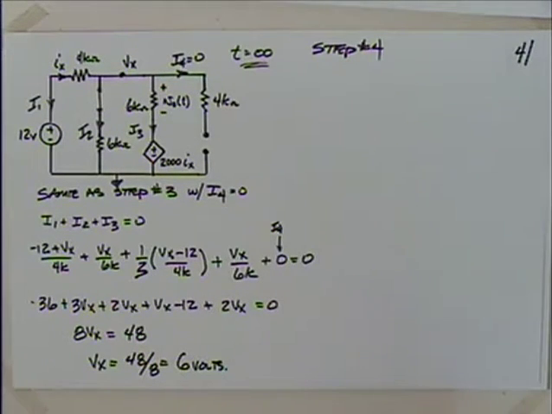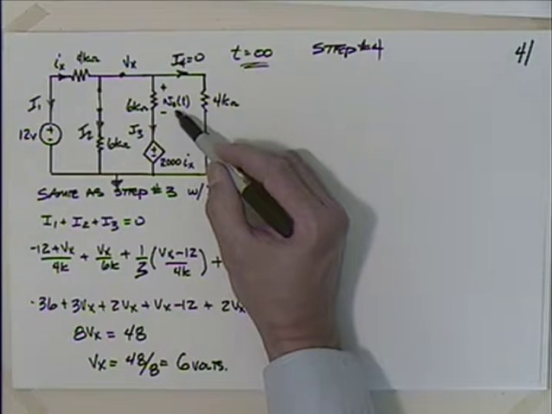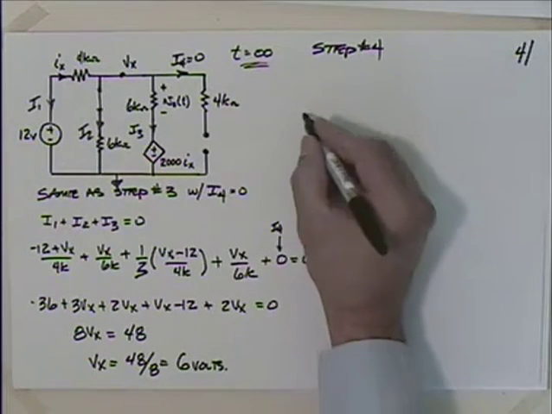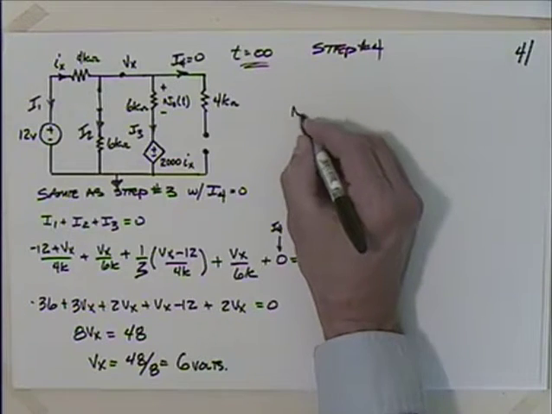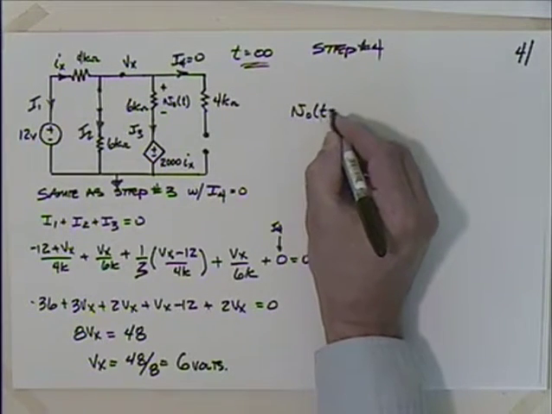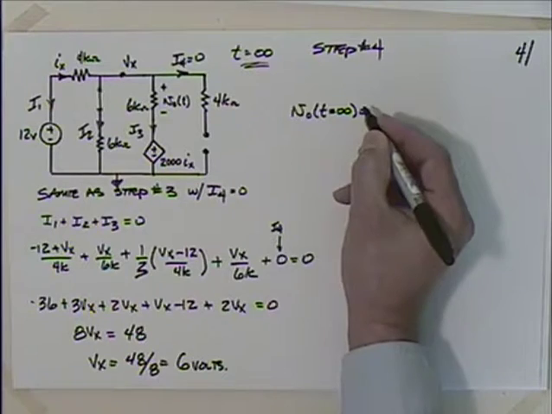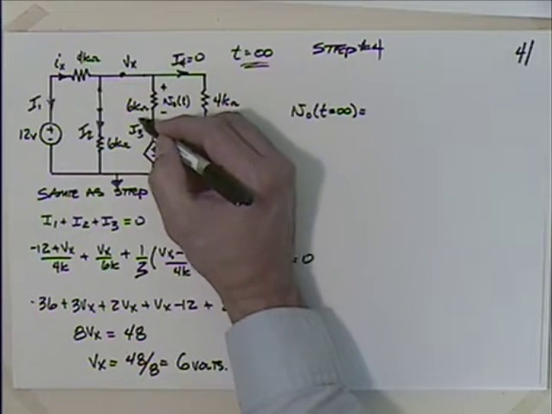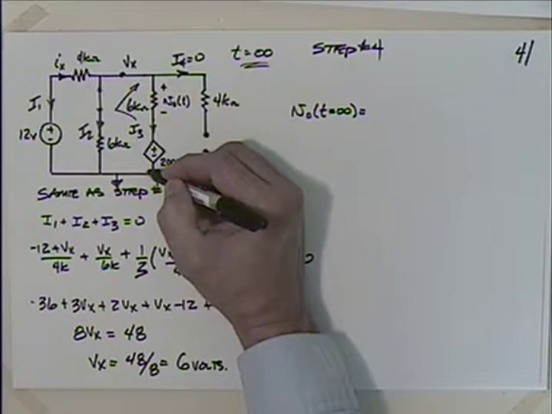Now, what are we going to do with that? Well, again, we say that we're looking for this thing, right? So I've got then, just like we did before, that V naught at t equals infinity is going to be equal to, to get the voltage across here, I've got to subtract that.